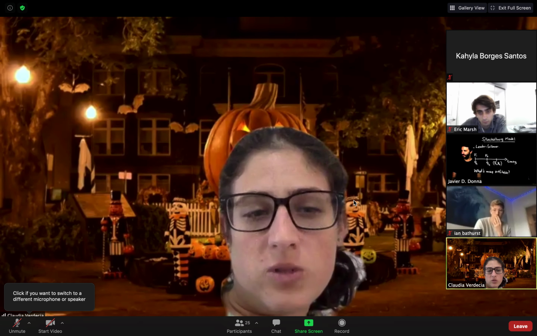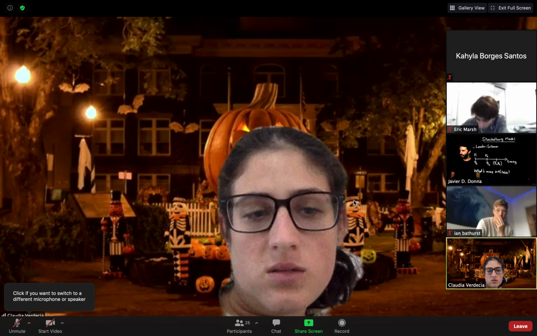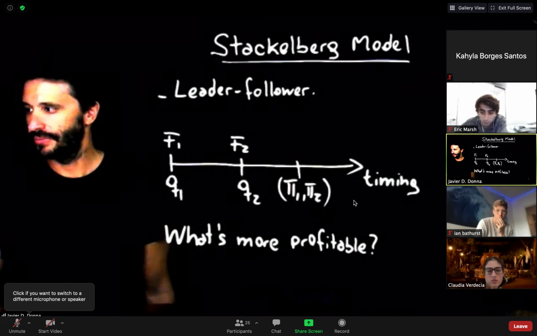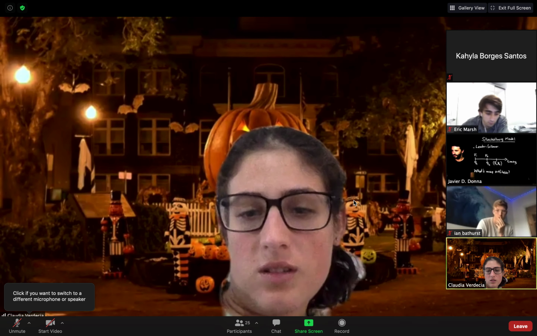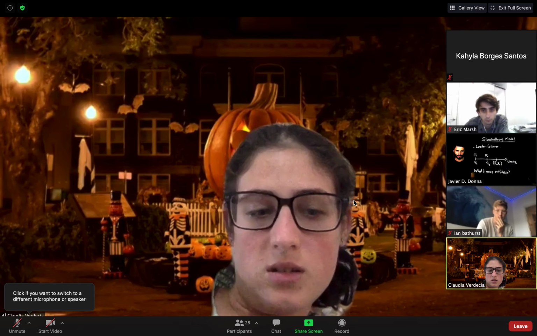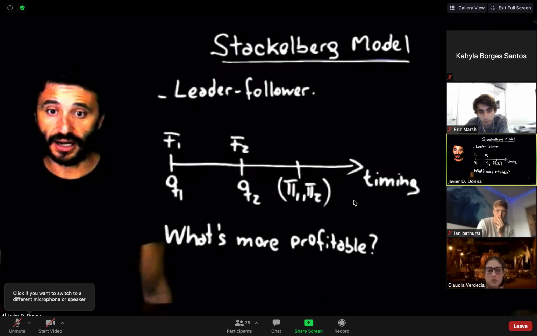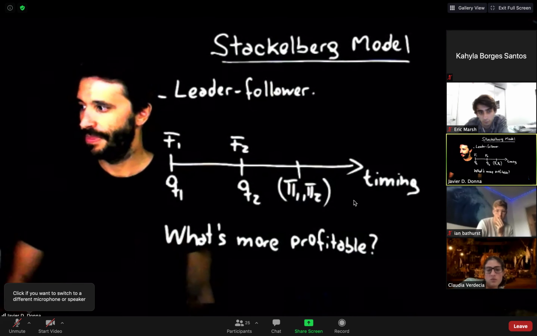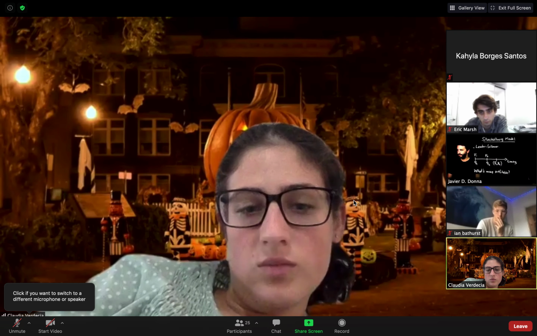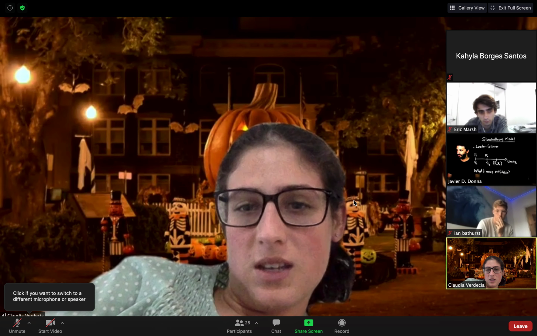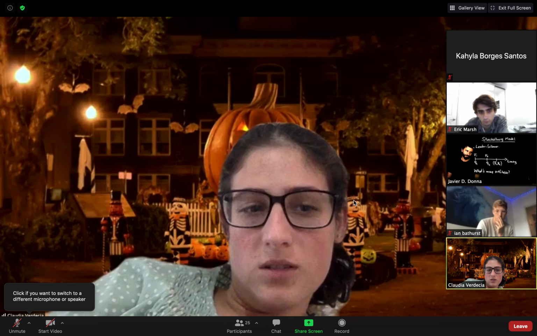Would it be Firm 1? Why, Claudia, do you think it's Firm 1? Because in terms of timing, they're the first ones to pick the price and quantity. Correct. And how does that translate into being more profitable? Because they're the first ones there, so they pretty much set the stage for whoever follows.